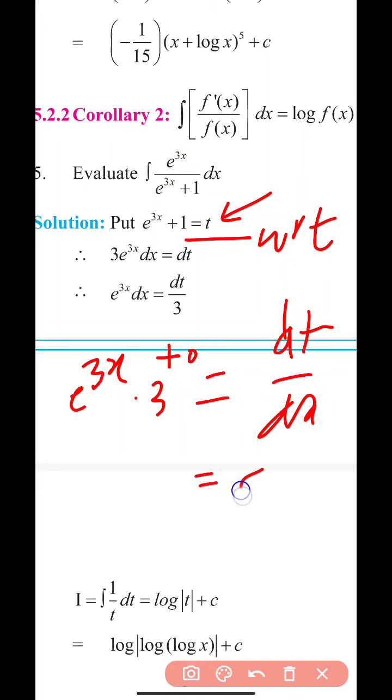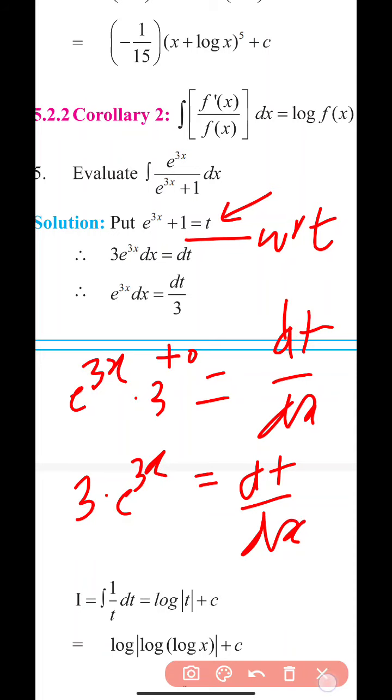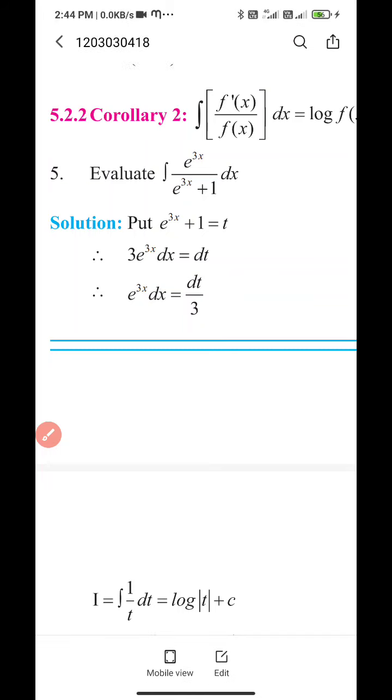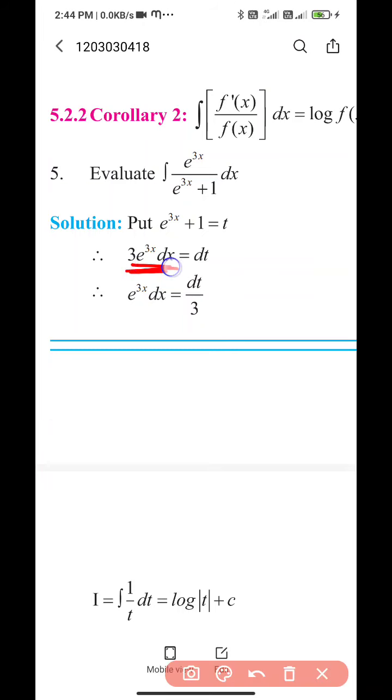So dt by dx ultimately will become 3 into e raised to 3x. So here you can see that now in the numerator we do not have this 3 over here. So that is why we have taken this 3 on this side.